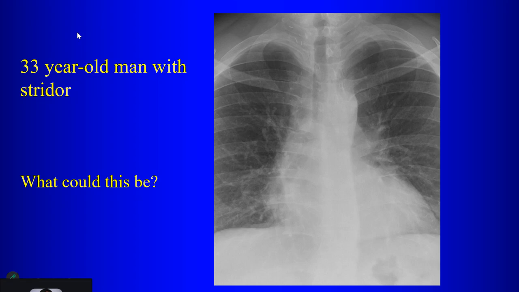This is a 33-year-old man with stridor. What do you got here? Well, if you get the history of stridor, what are you going to look at on the chest X-ray? The trachea. You're going to look at the trachea very closely. Some stenosis.